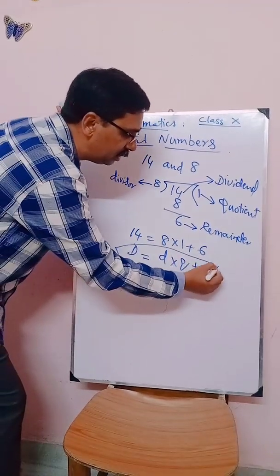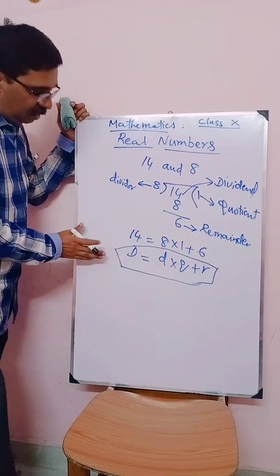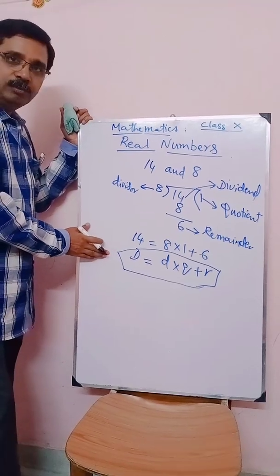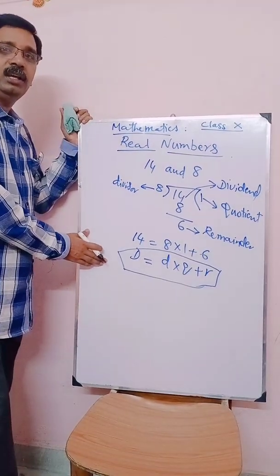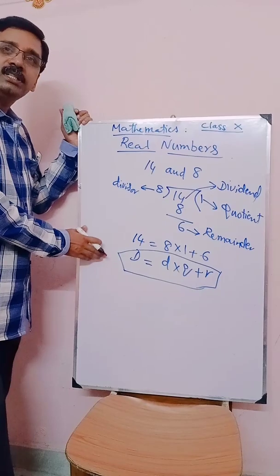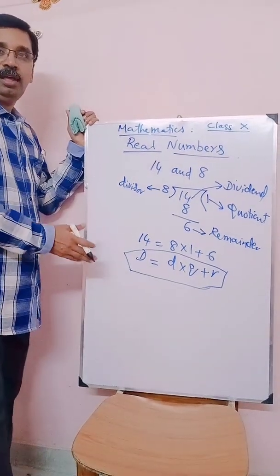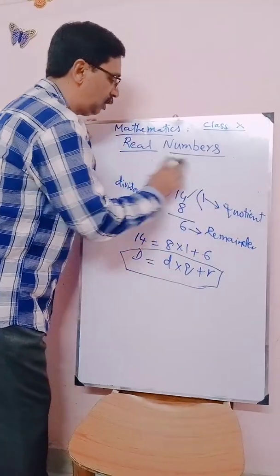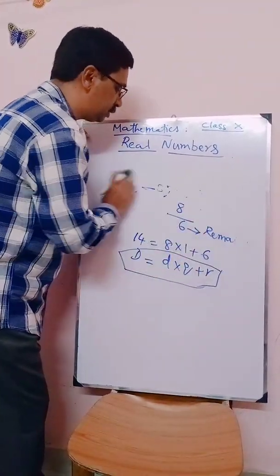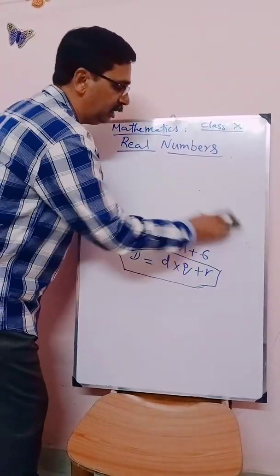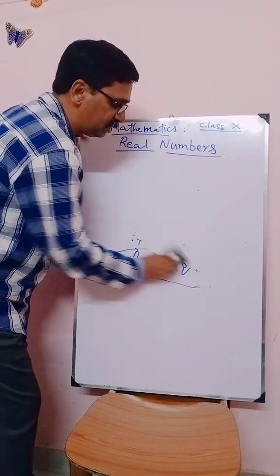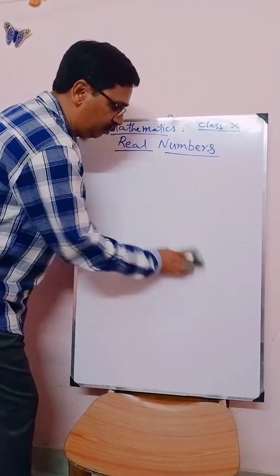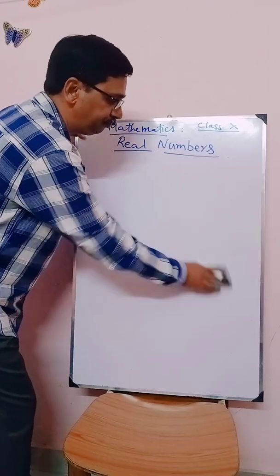Okay? And this particular division algorithm is very formally known as Euclid's division lemma. Let me explain. Take any two integers a and b, then there always exists a relation between a and b like this.